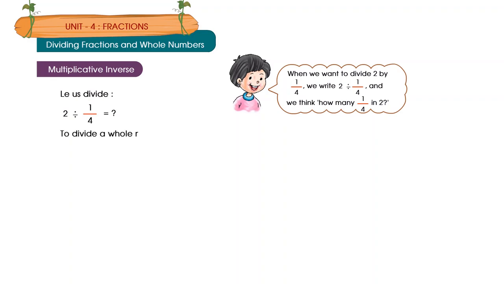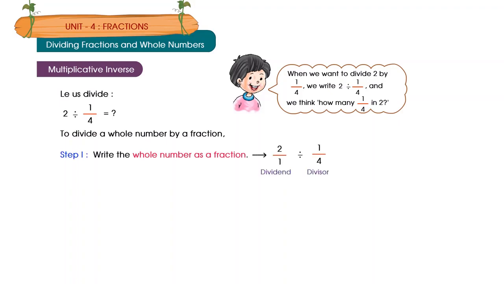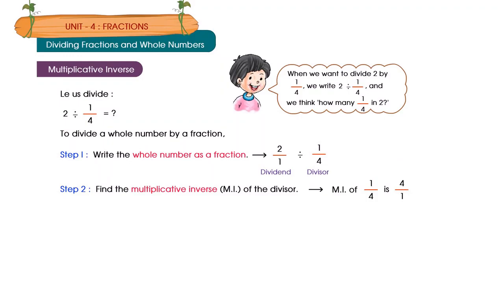To divide a whole number by a fraction, step 1. Write the whole number as a fraction. 2/1 ÷ 1/4. Step 2. Find the multiplicative inverse, MI, of the divisor. MI of 1/4 is 4/1.